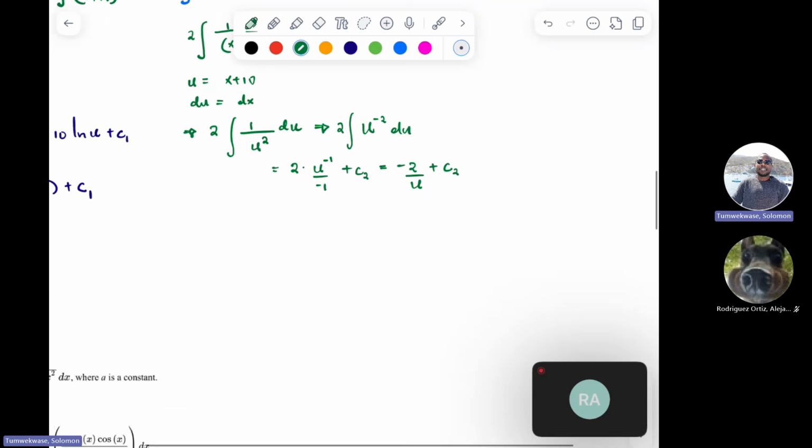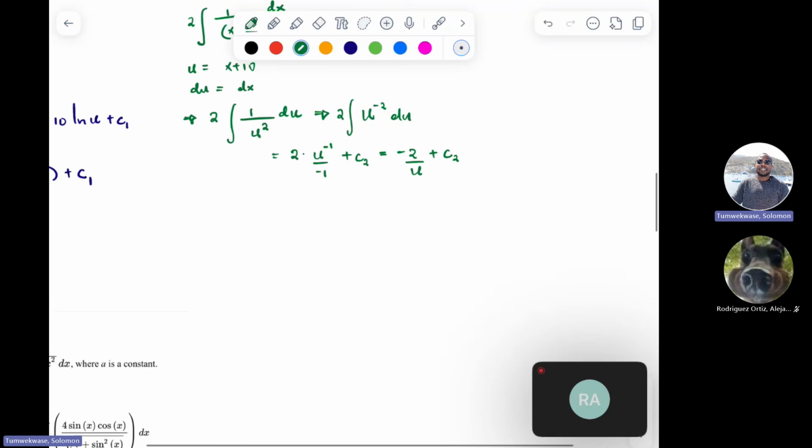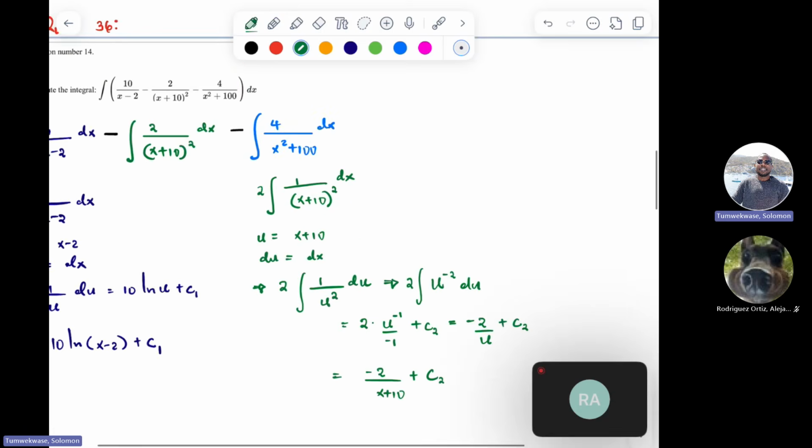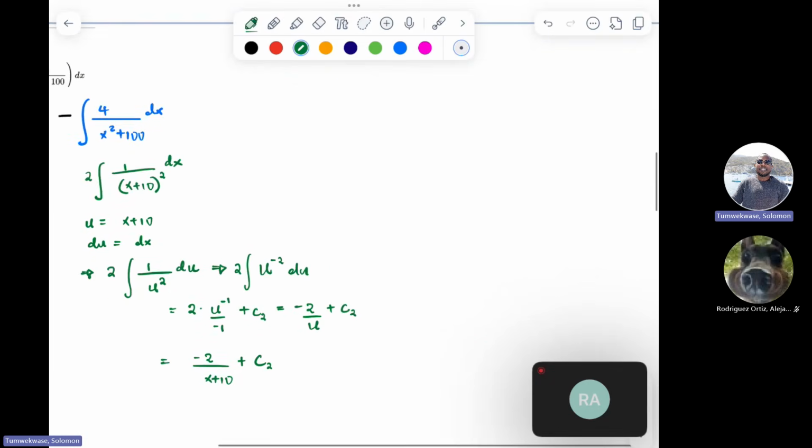But u is the same as x plus 10, so my final answer is negative 2 over x plus 10, plus some constant, which I'm calling C2, and that is my second integral.